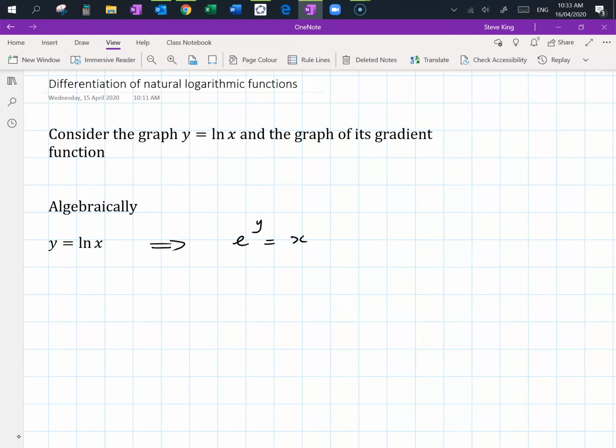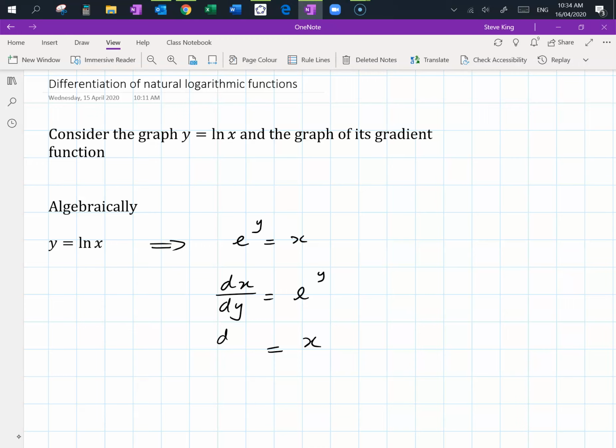So I can derive that. I can say dx dy is going to be the derivative of e to the y, and we know that the derivative of e to the y is simply going to be e to the y. Now, I've just said e to the y is the same as x, so instead of writing e to the y, I can just call it x.